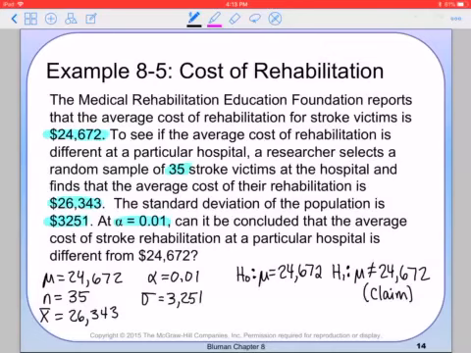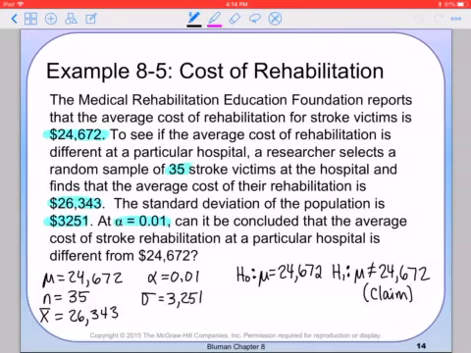So they tested 35 people. They found that their average cost was $26,000 with a standard deviation for the population being $3,000. At alpha equaling 0.01, can it be concluded that the average cost of stroke rehabilitation at this hospital will be different from $24,000?